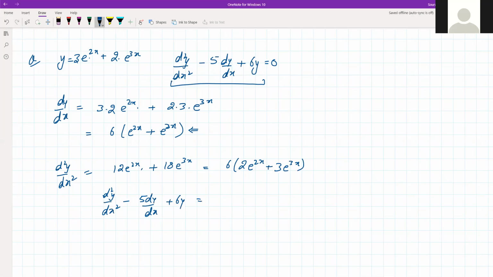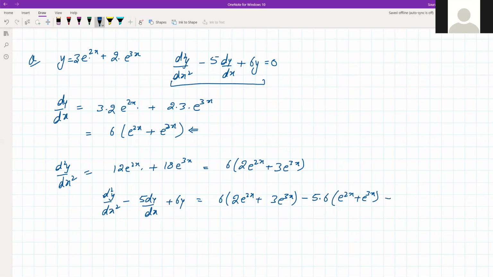This is equal to 6 into 2 e to the power 2x plus 3 e to the power 3x, that is d square y, then minus 5 into 6 into e to the power 2x plus e to the power 3x, right?